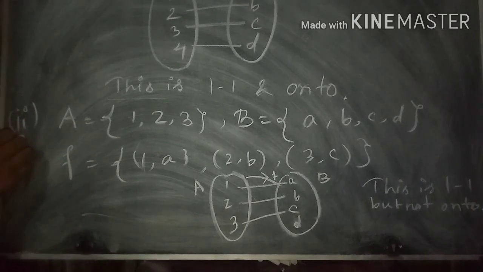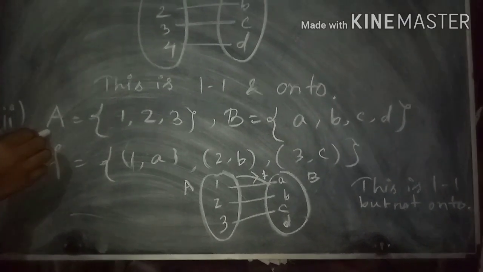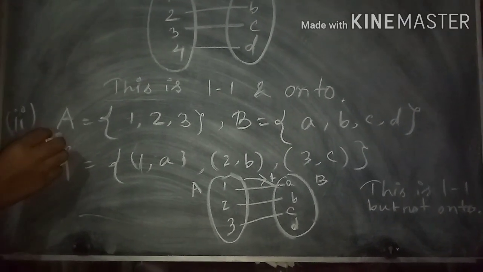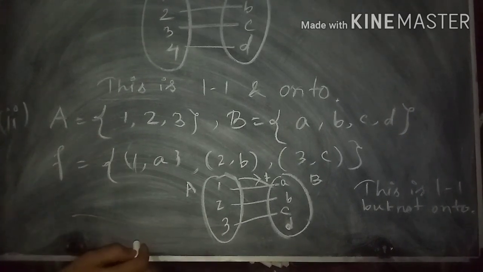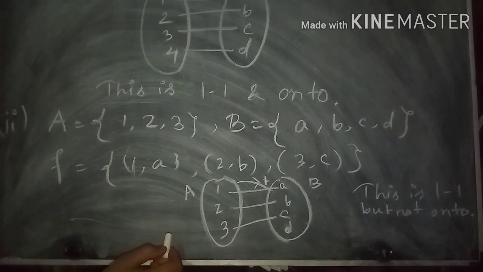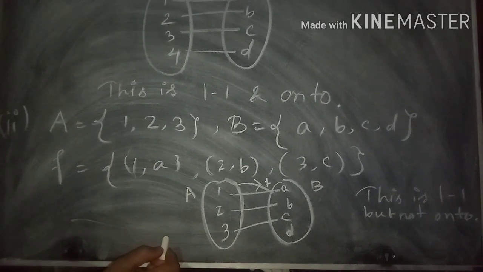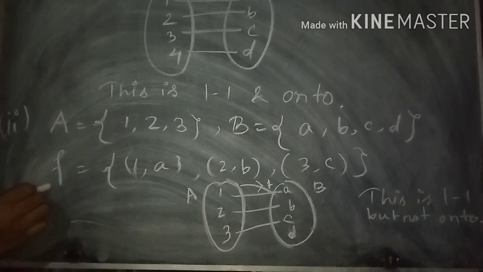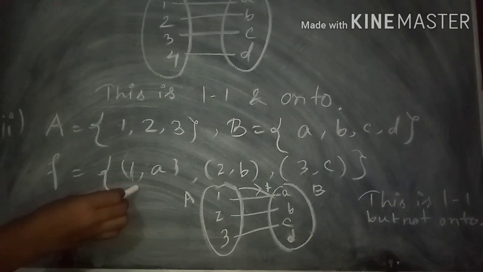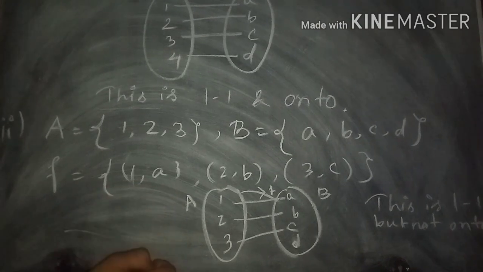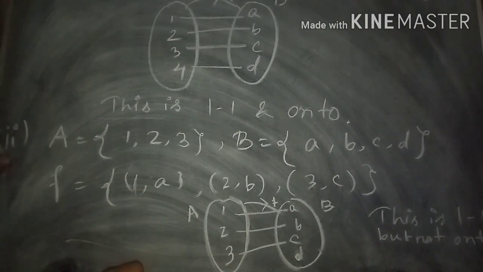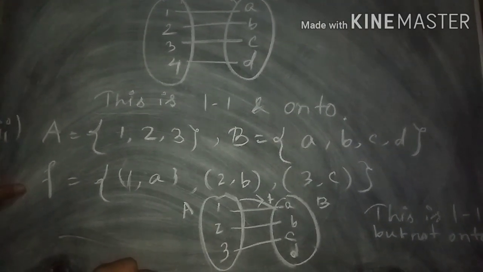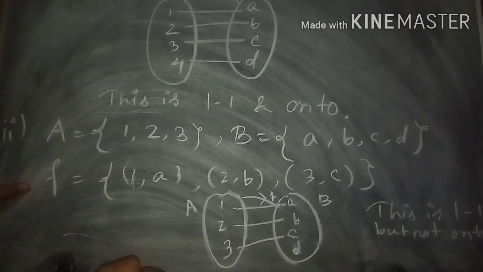Now question number 2: set A where the elements are 1, 2 and 3. The set B contains elements A, B, C, D. And the function is defined as f equal to 1a, 2b, 3c. So we need to check whether this function is 1-1 or onto.